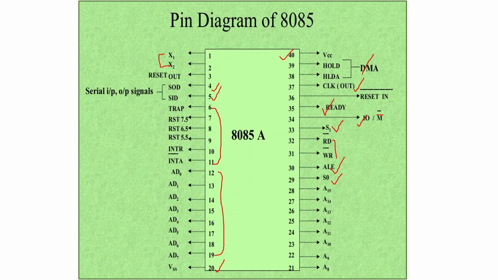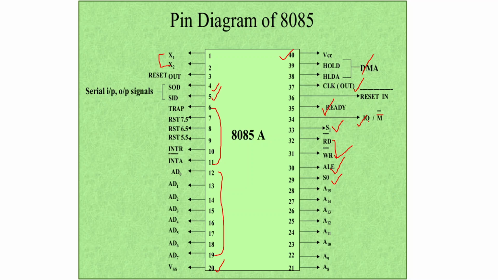If the 32nd pin, the read pin, is low, and S0 S1 is 01, the microprocessor is under a reading operation, so it reads the data either from input output or memory. And if the write pin, the 31st pin, is low, and S1 S0 is 10, it is a writing operation.